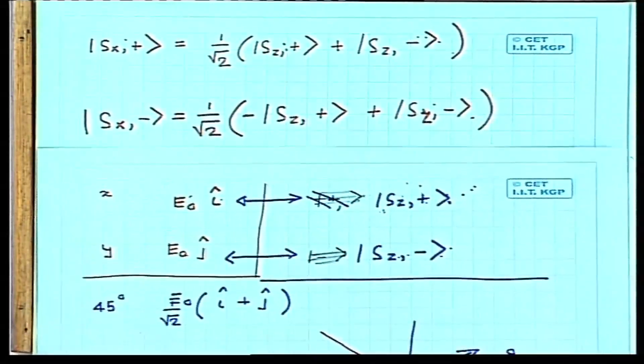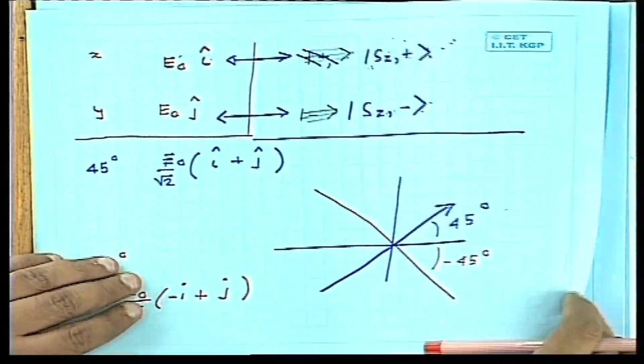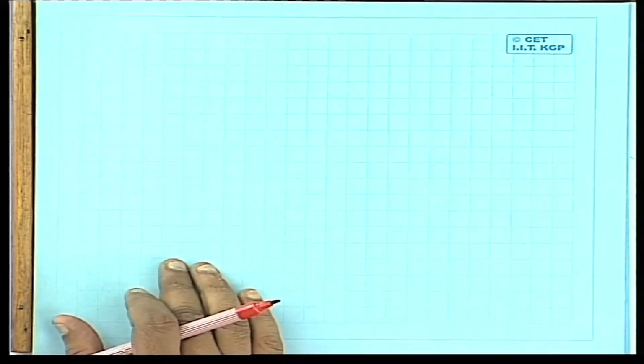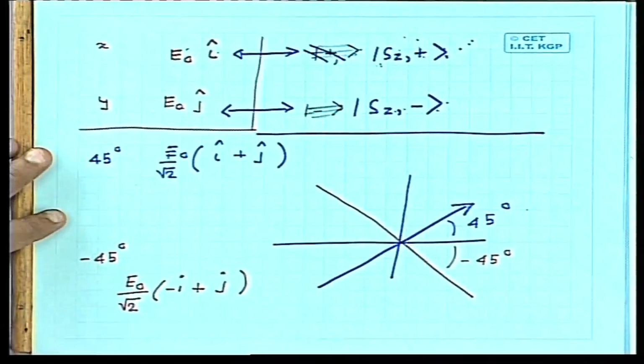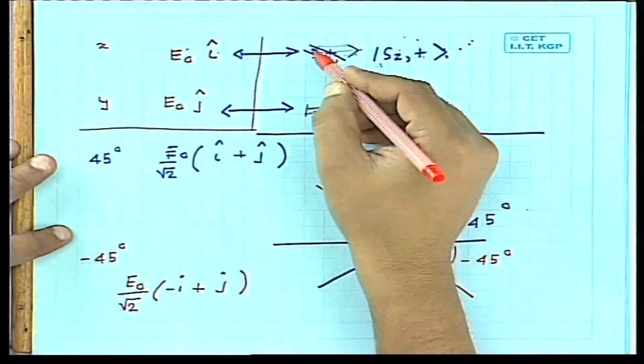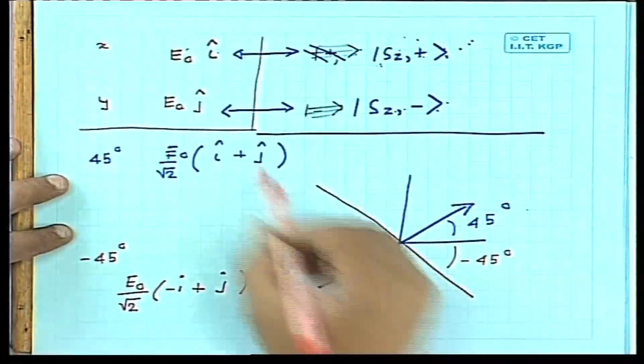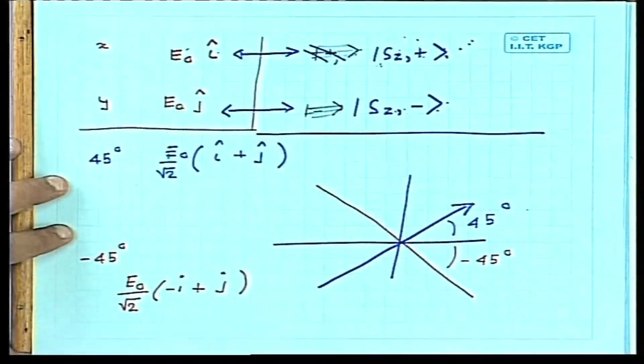So let us also look at the polarization of light. In the situation where we have the polarization of light, we know that we can get yet another polarization state. Here we have two orthogonal states where the light is polarized along the x-axis or y-axis.